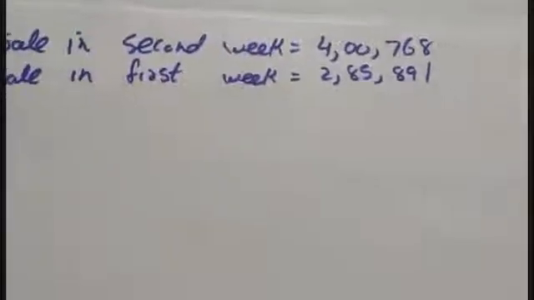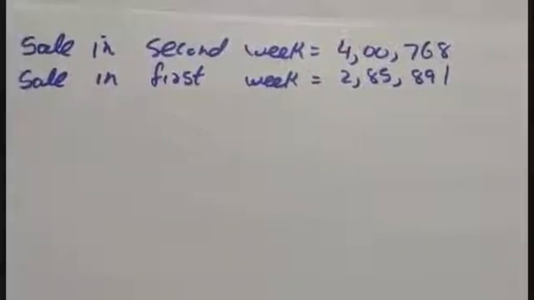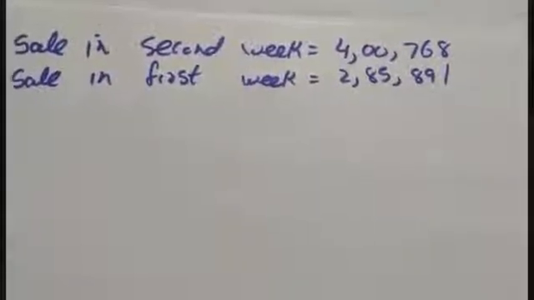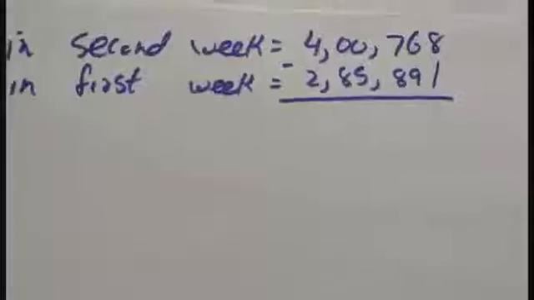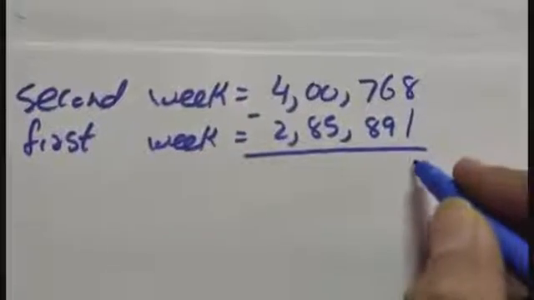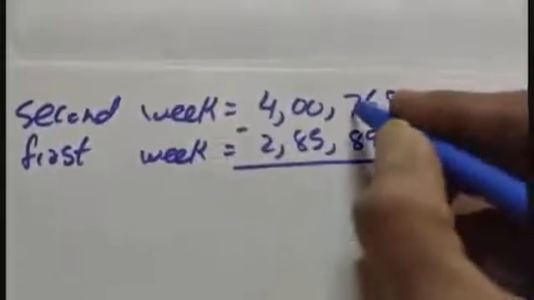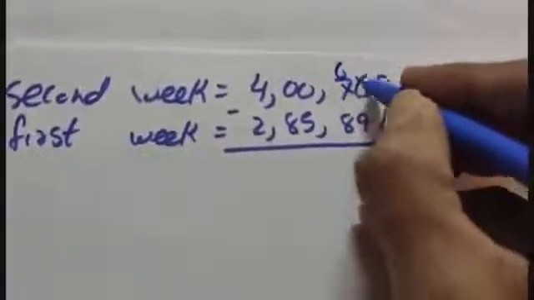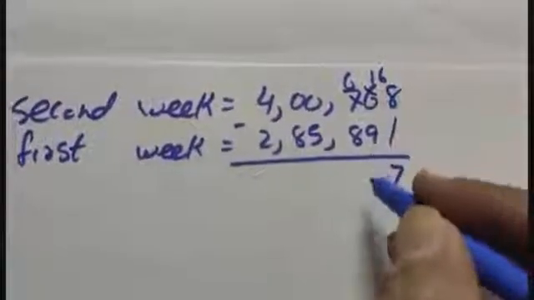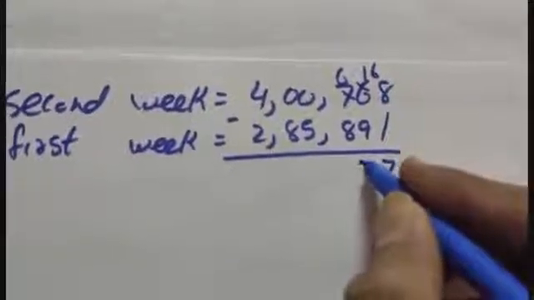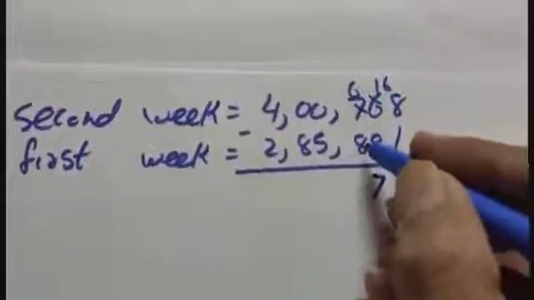So the sale in the second week was 4,768. The sale in the first week was 2,85,891. So 8 minus 1, it will be 7. Here it will be 6. This will be 16. 16 minus 9 will be 7. 6 and 8, so we can't subtract.